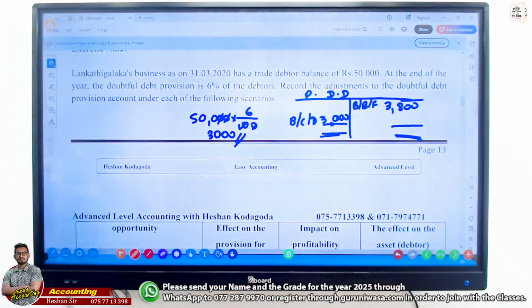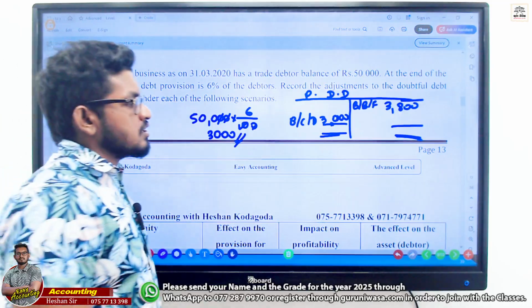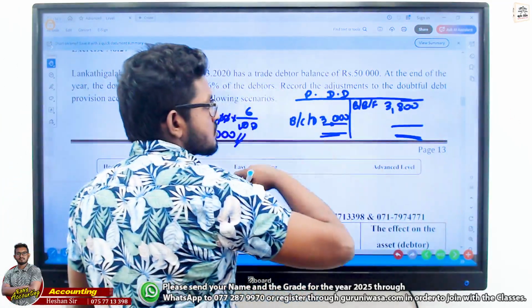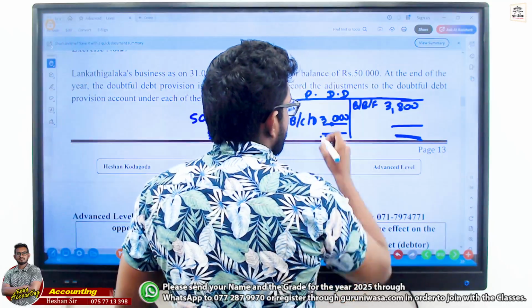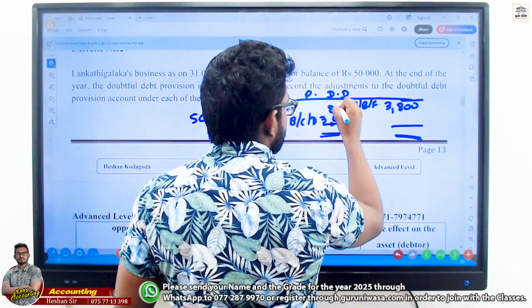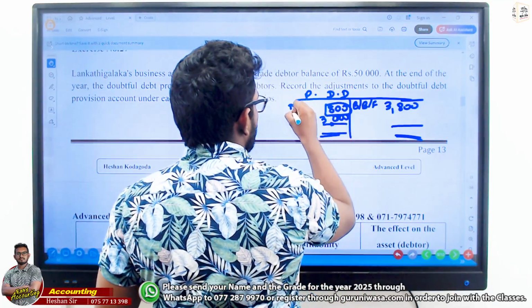This is the case of over provision. Opening is higher than the closing. So we identify 800 in here and transfer to the doubtful.